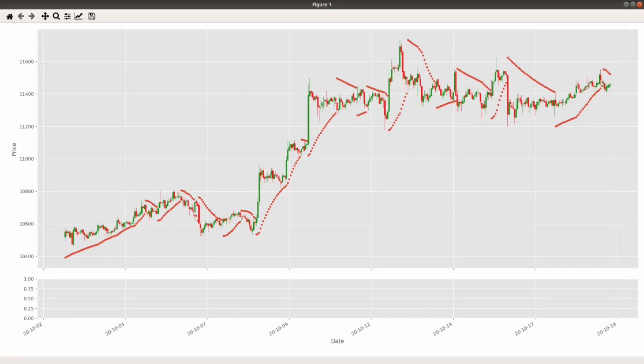That's it about SAR, and as I said, we only needed to make one change in our main function. Instead of drawing a line, we had to change it to draw a dot. This indicator shows that it works quite well for capturing profits during a trend, but it can lead to many false signals when the price moves sideways or is trading in a choppy market.